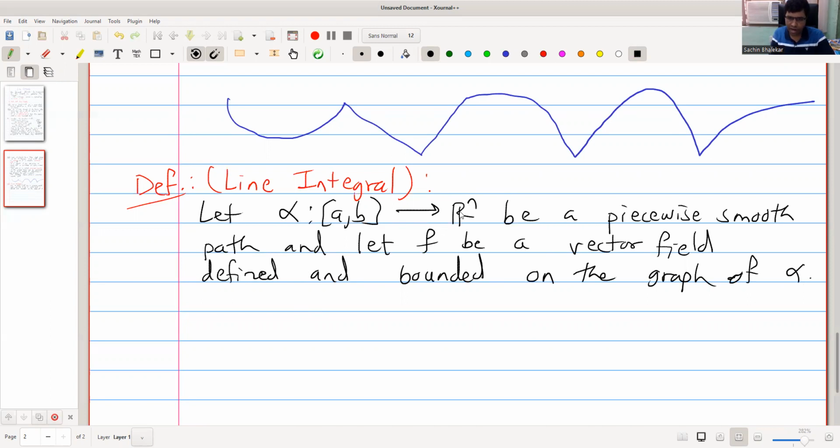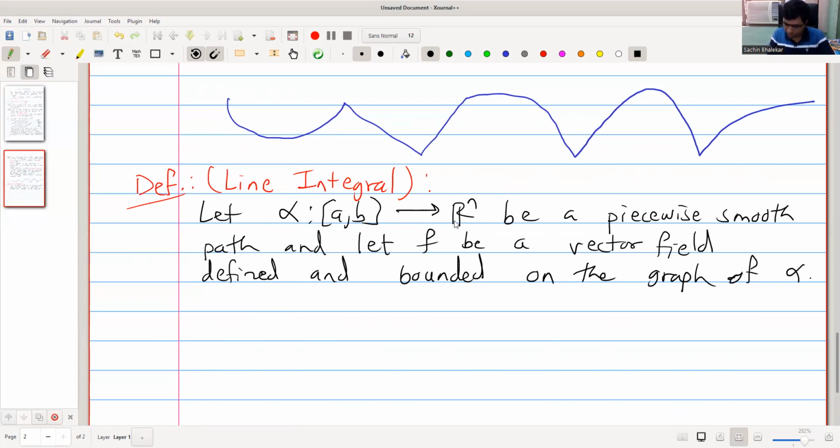So alpha of t is in Rn. The domain of F is a subset of Rn, and that should contain all these points alpha of t. On these points F should be defined and bounded. So we can restrict the domain of F to all such points alpha of t, that is the graph of alpha, the trace of that curve.